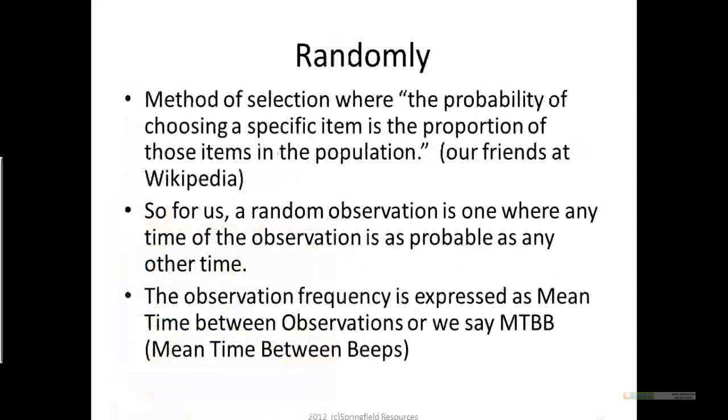Now, randomly has a very intense mathematical definition. What we're using is the method of selection where the probability of choosing a specific item is the proportion of those items in the population. So for us, any one minute is just as likely for the observation as any other minute.